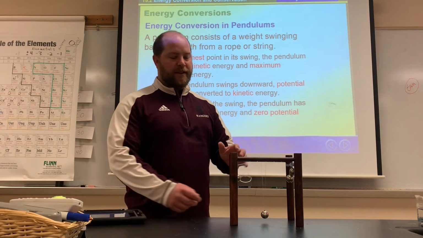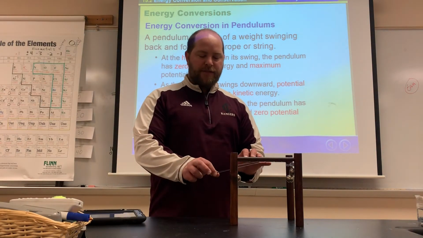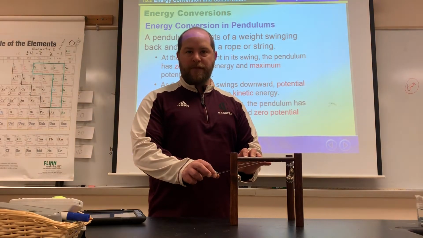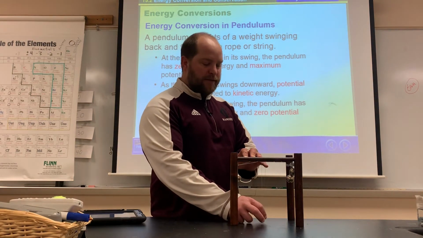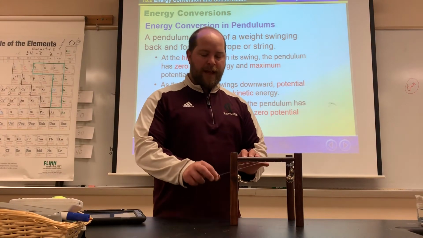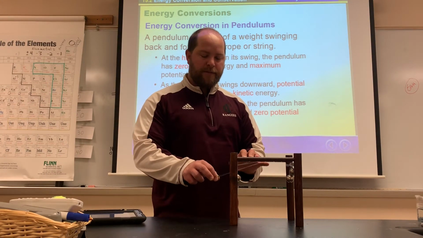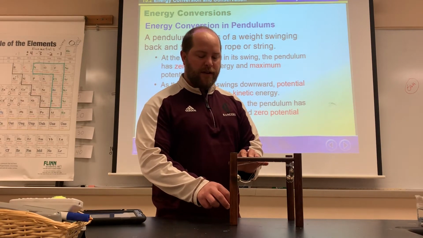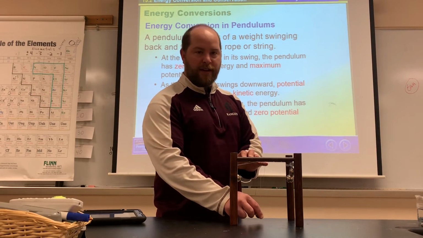Should make sense, because here at the top of the swing, when it's not moving, it's all potential. At the bottom of the swing, it's moving the fastest, so it's going to be all kinetic. So that's actually what's happening. On the downswing, the potential energy is being converted into kinetic energy.